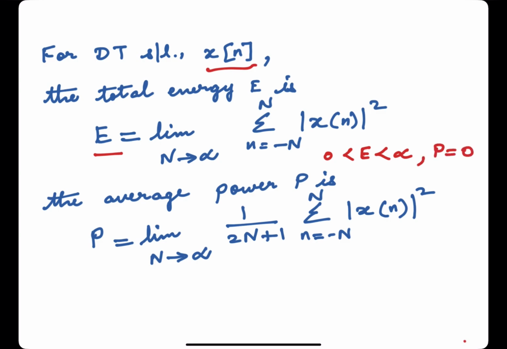Therefore, power will be equal to 0. And if energy is infinity, then power may have a finite value. Then it is called a power signal. If both the energy value and the power value are infinity, then it is neither an energy signal nor a power signal.